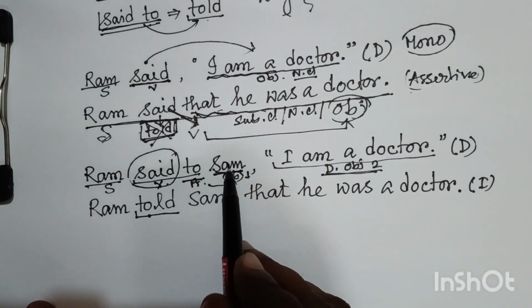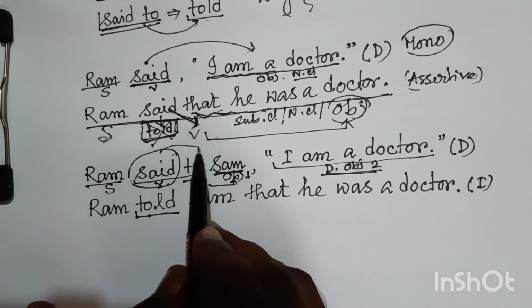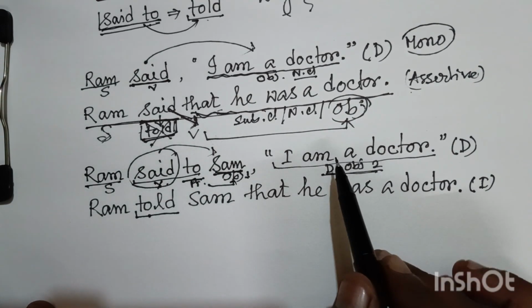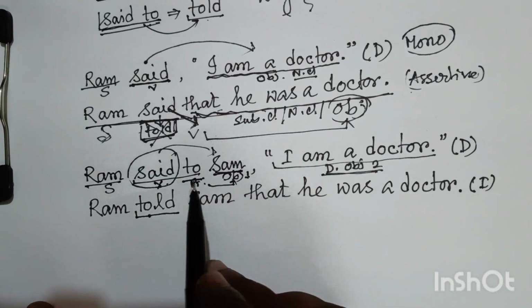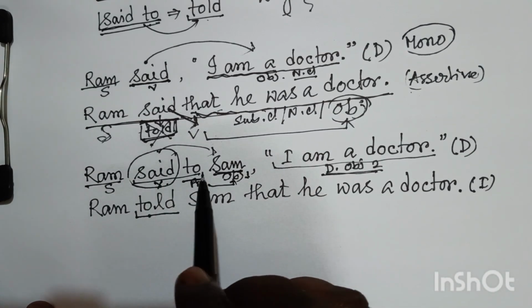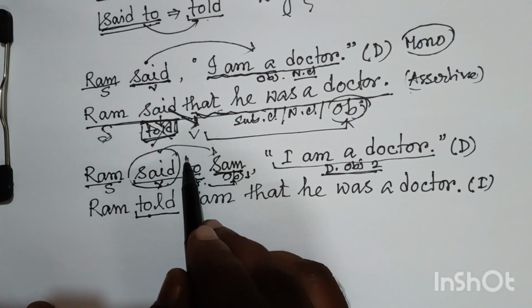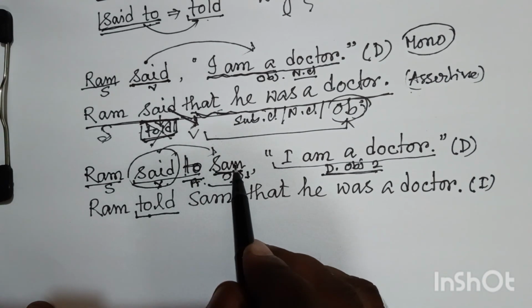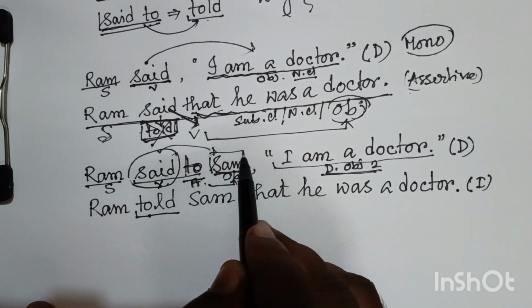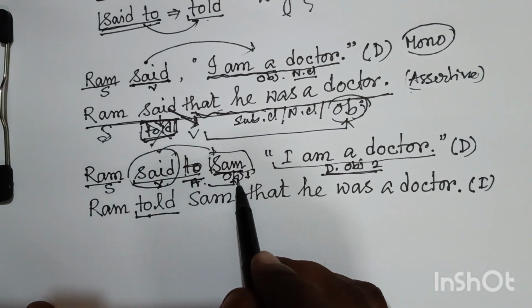Actually, this is the object of the term said. As we cannot use two objects with the verb said, we have introduced the preposition to, and after that we have written the noun, which is the object of this preposition.